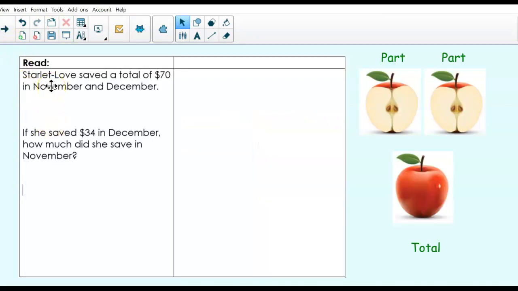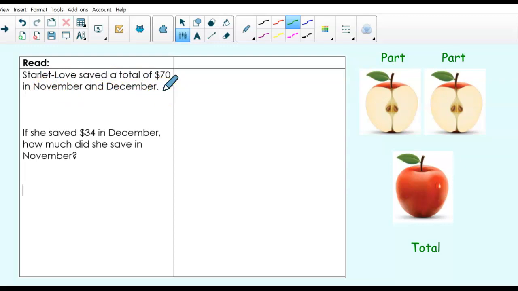Can you read this problem with me? And then help me find and underline the key words or the most important words and numbers? Here we go. Starlet Love saved a total of $70 in November and December.